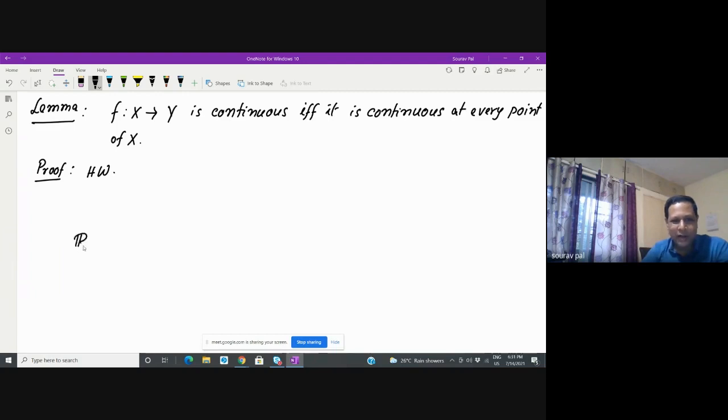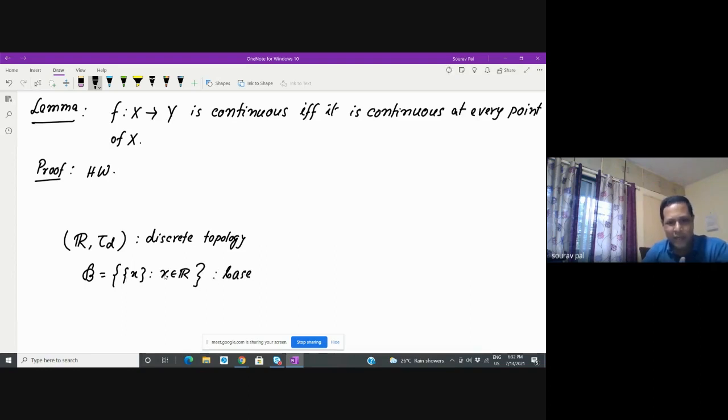If you look at R with tau d, the discrete topology, that means all sets are open. Now if you collect this script B, all singleton sets {x}, x a real number, then this is a base. You agree with this, right?